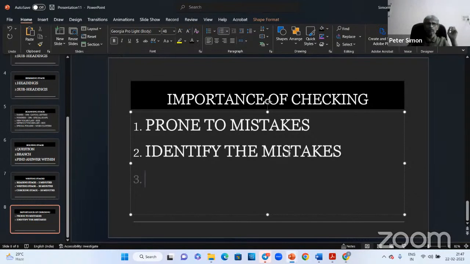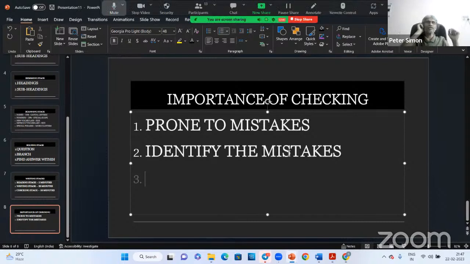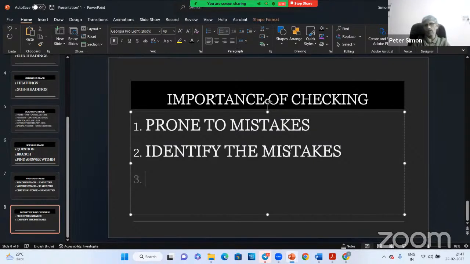So, don't take it for granted. Mistakes may be there. So what you have to do is try to revisit and identify the mistakes. Okay? Try all odds.